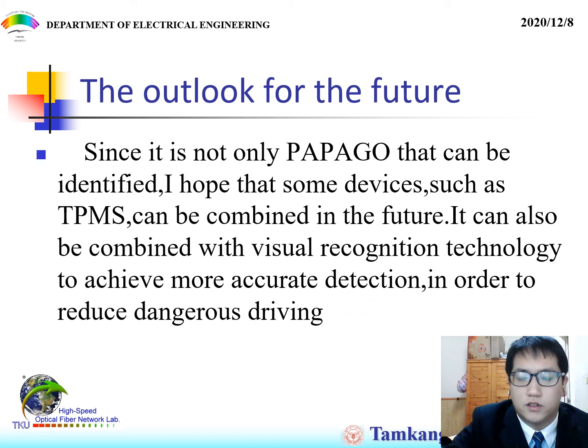In my research, there are some outlooks for the future. Since it is not only the PaPaGo FW100 that can be identified, I hope that some devices such as TPMS, the tire pressure monitoring system, can be combined in the future.